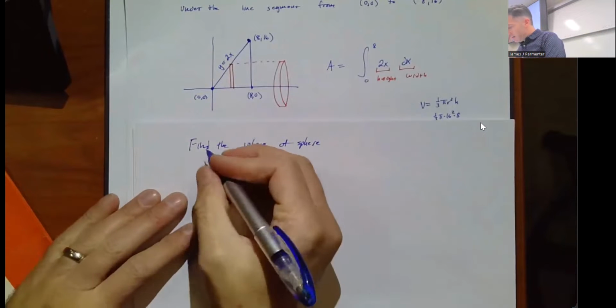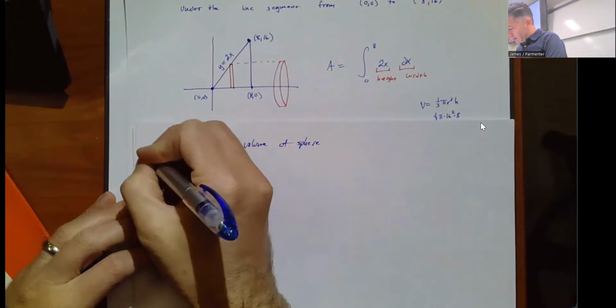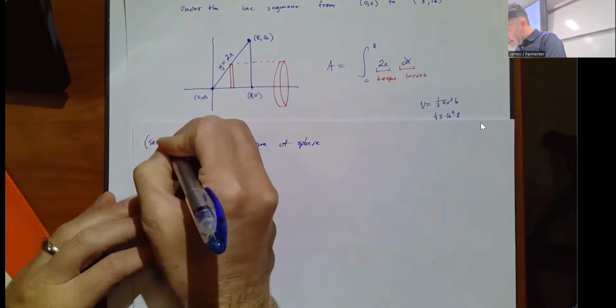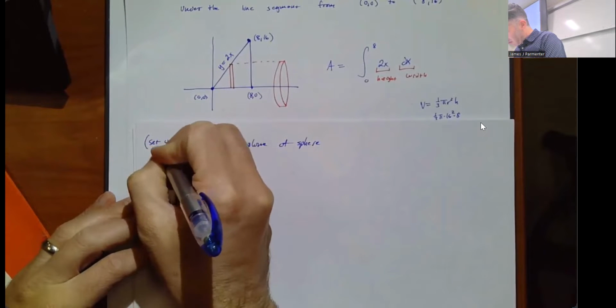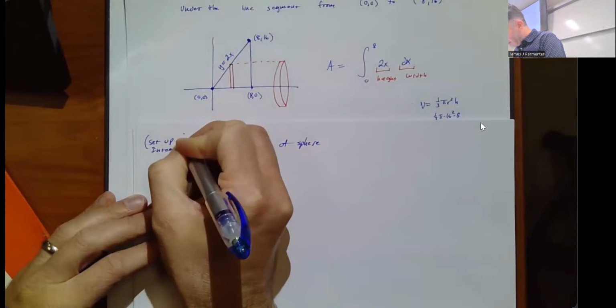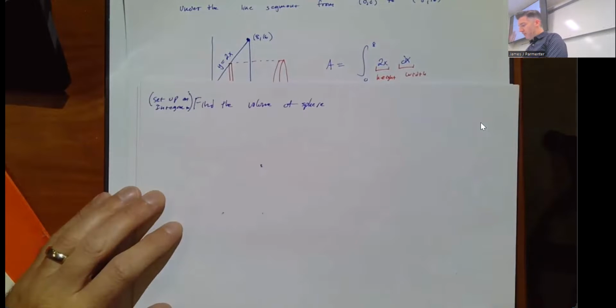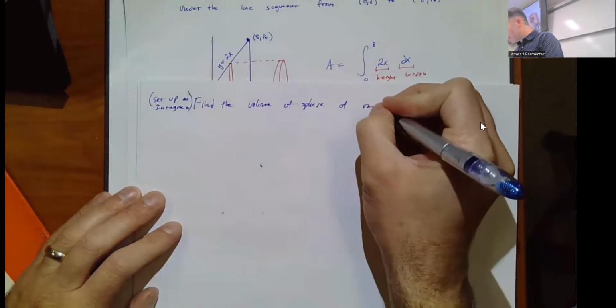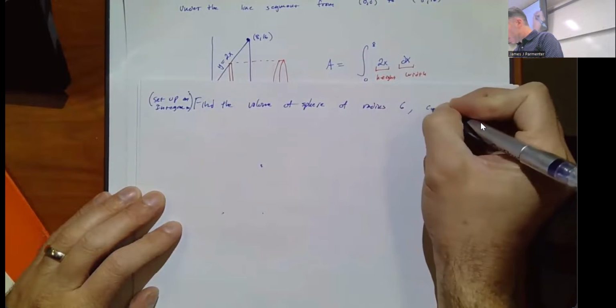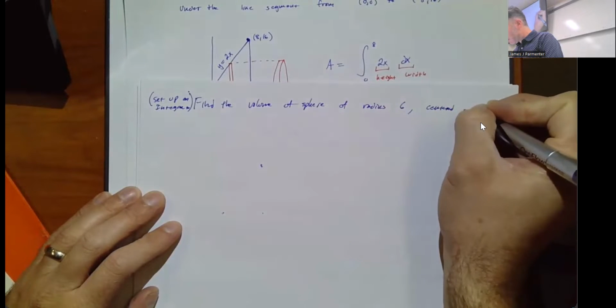But if we say set up an integral, then you kind of have to do the thing they want you to do instead of just using the volume equation, for the volume of a sphere of radius 6 centered at the origin.